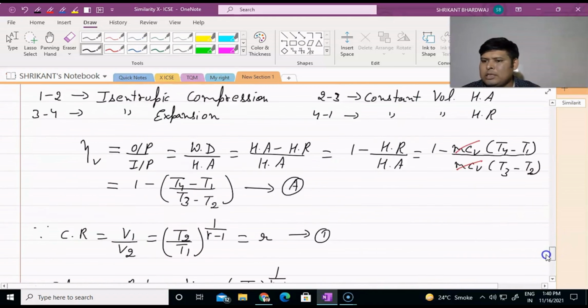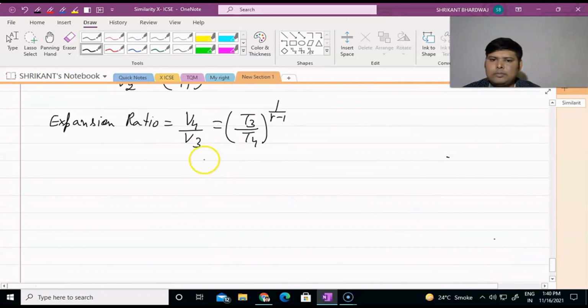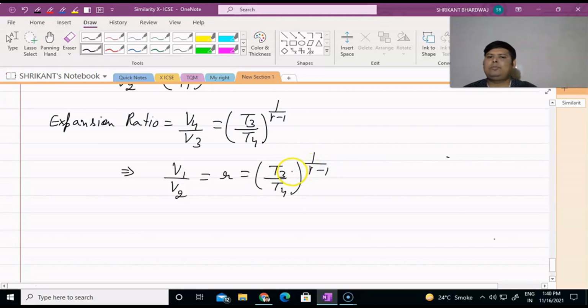So using this, we can write here that V1 by V2, which is equal to r, is equal to T3 by T4 whole raised to the power 1 upon gamma minus 1.